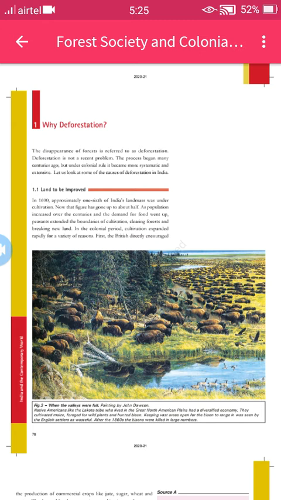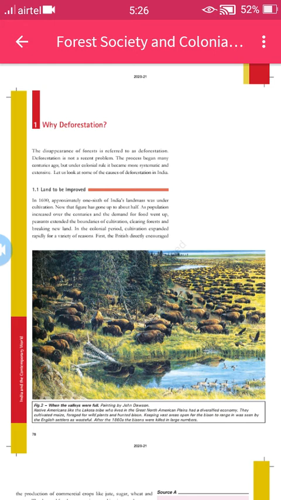And after that, when the idea of colonial rule came, it became more systematic. Systematically they started deforestation. So we can study about this deforestation in our country.